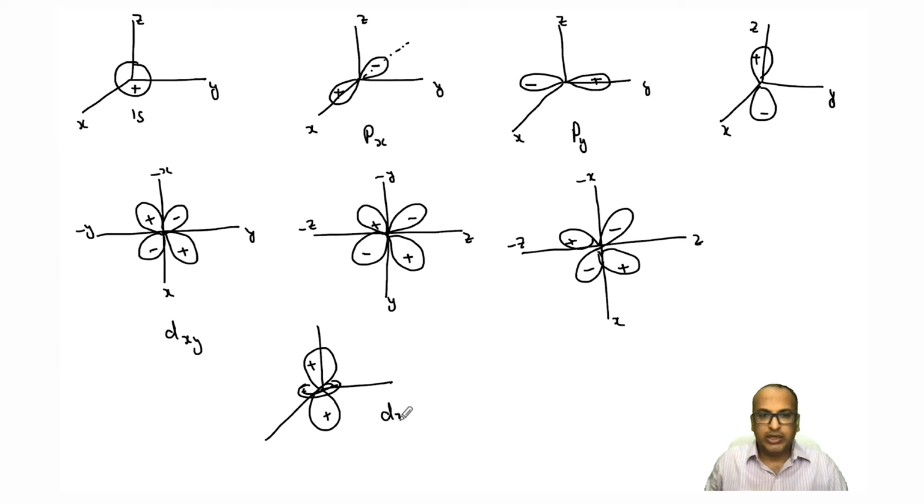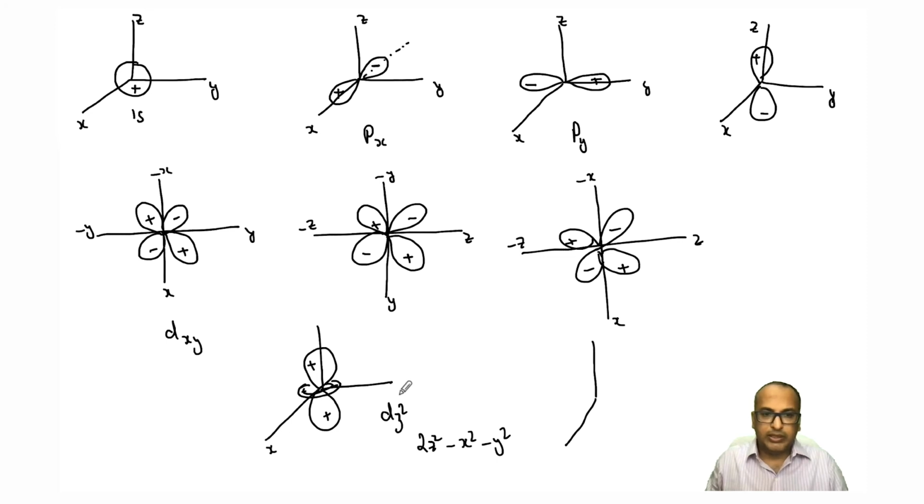This is called dz square, and the actual functional form, if you want to write it in terms of Cartesian coordinates, you can write it as 2z square minus x square minus y square. So for calculation purposes, it is taken in the complete form.